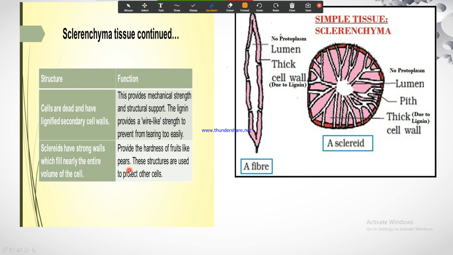Even in apple we feel the crunchiness. When you bite a carrot or a radish, you feel that crunchy sound. That is because of this sclerenchyma. So they provide hardness to fruits like pear, and protect other cells also. That is about sclerenchyma.